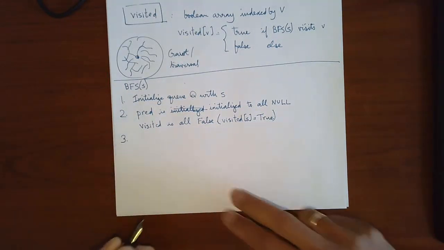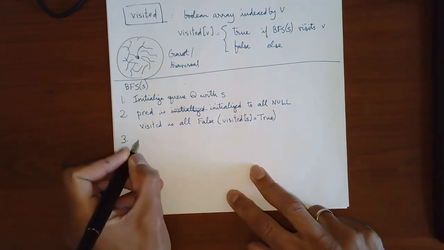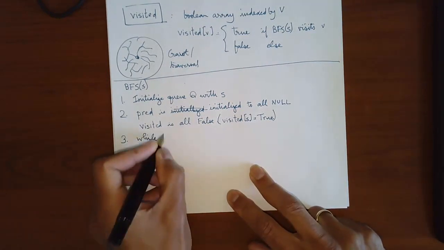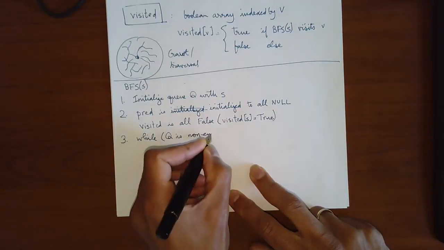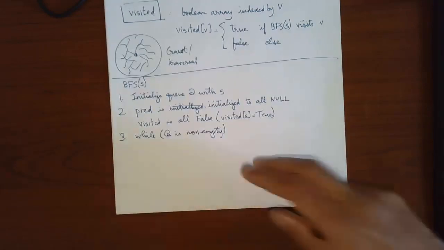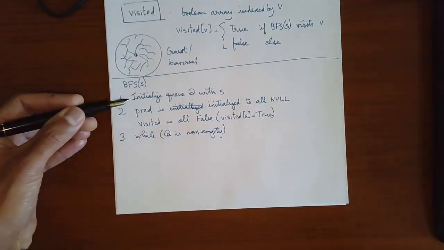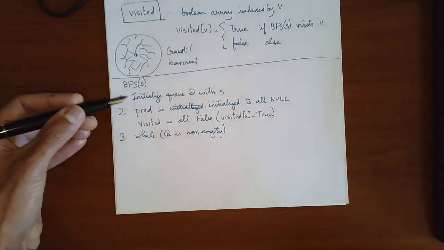Okay, so this is where the real work happens. We'll say while the Q is non-empty, which means while the Q has something in it. Initially we put S into the Q, so it has something in it to start off with.